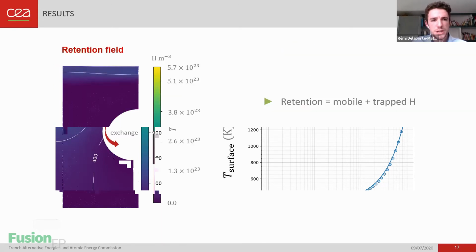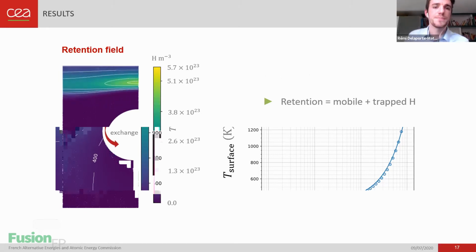All right, I apologize for that poor quality video, but this is the retention field of hydrogen in a monoblock through time. The retention is actually the sum of the mobile particles and the trapped particles, so that's all the local concentration of hydrogen in this component.